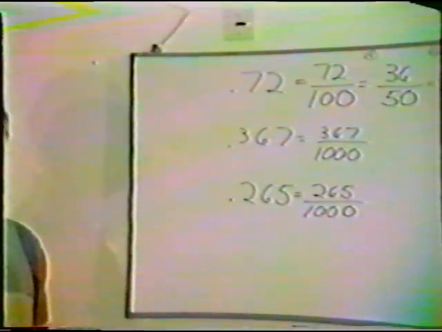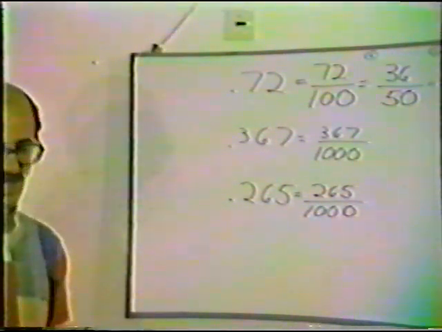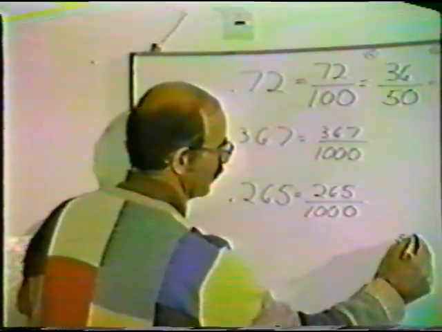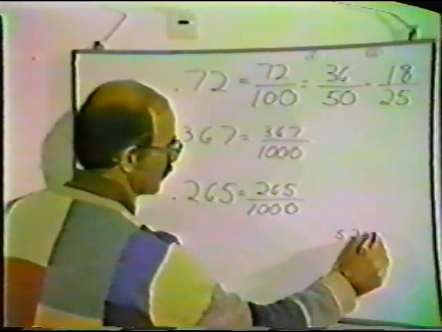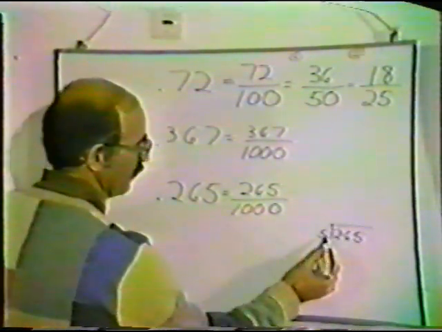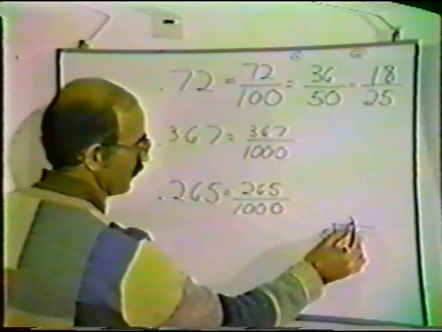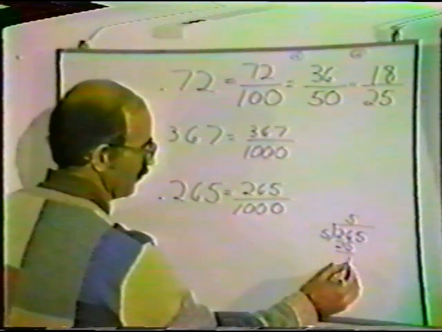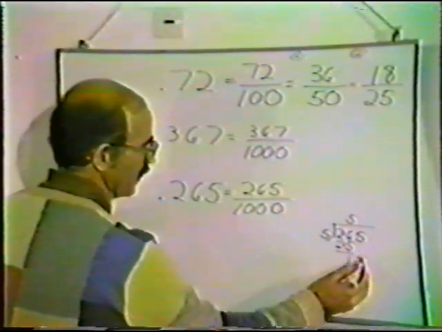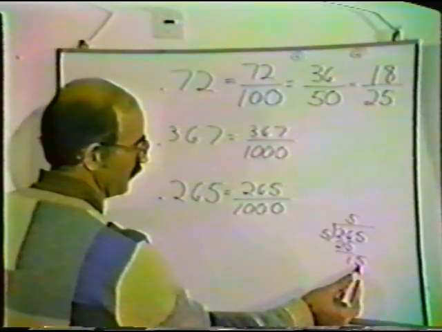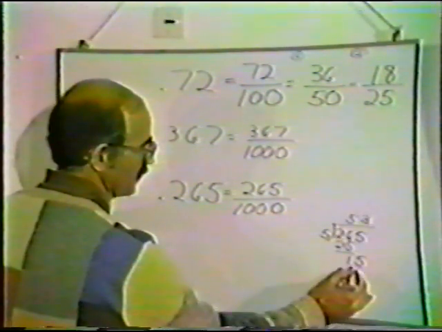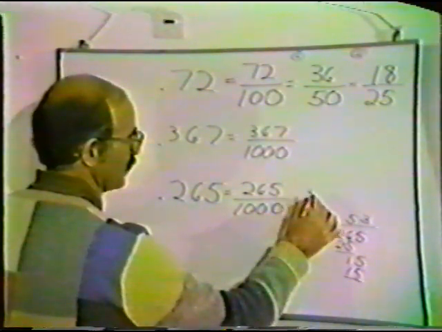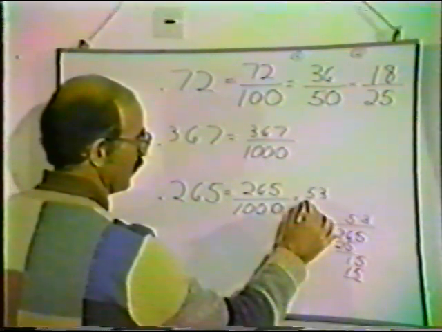What can we hit them with? 5. 5. We'll have to divide 5 into 265. 5 into 26 goes 5 times, using 25, giving you 1 remainder, and bring down the 5. 5 into 15 goes 3 times, and it's come out evenly. Our top number is 53.